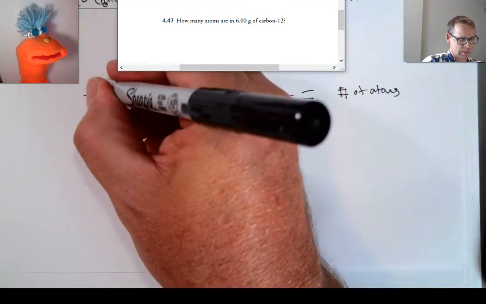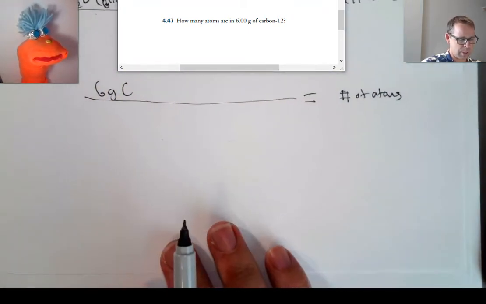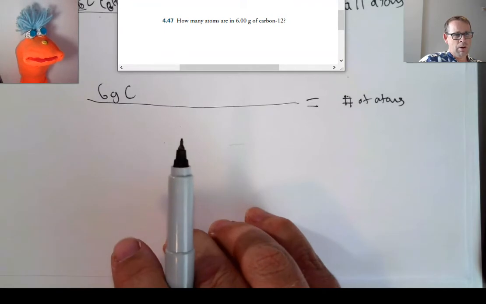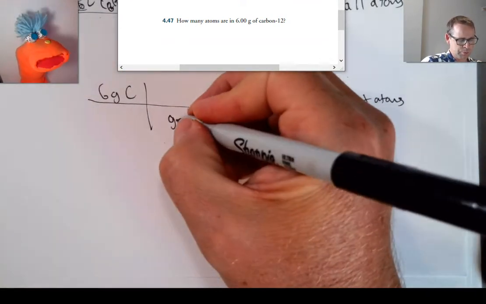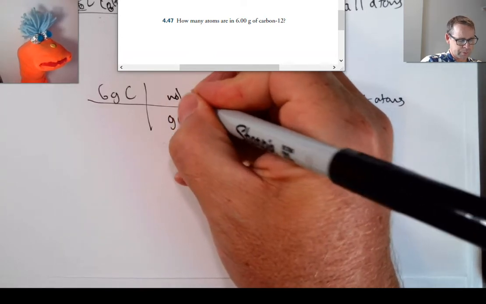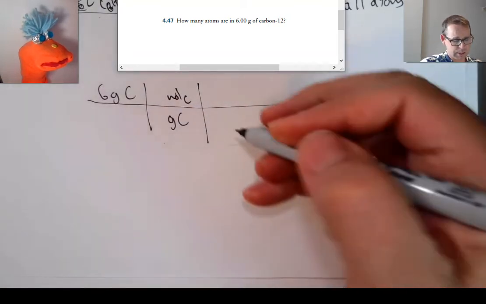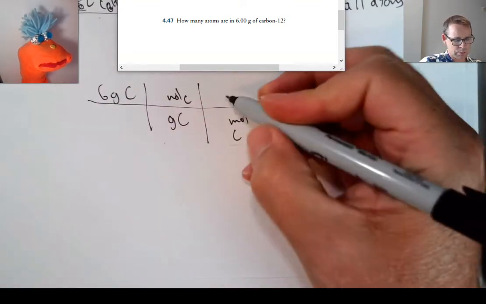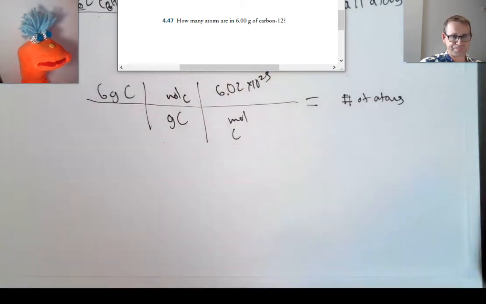So if I have 6 grams of carbon, right, how many atoms do I have? Well, you go from grams of carbon to moles of carbon. Very good. Now, the nice thing about going to moles of carbon, it's always nice to go there because then we can relate moles to Avogadro's number, 6.02 times 10 to the 23rd.